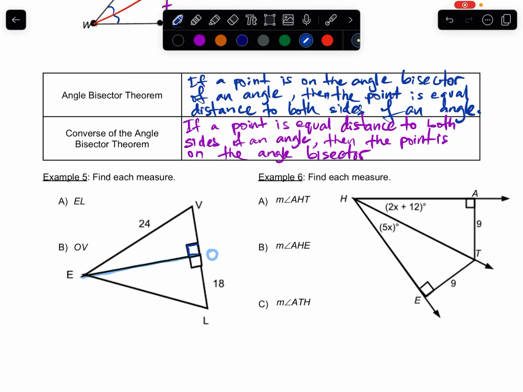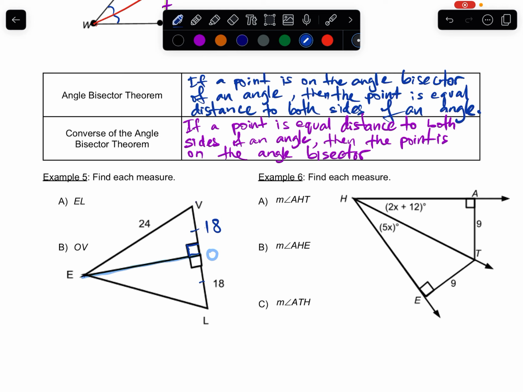So if EO is a perpendicular bisector, that means these two segments must be the same. So if that's 18, this should be 18.